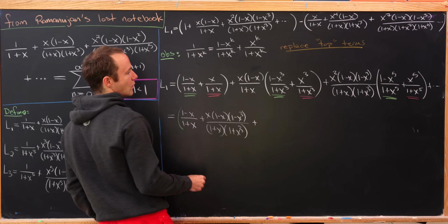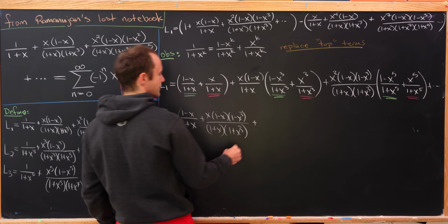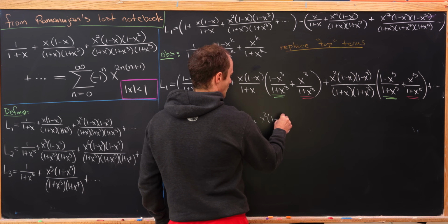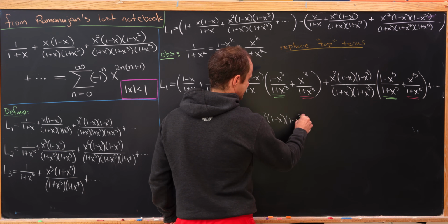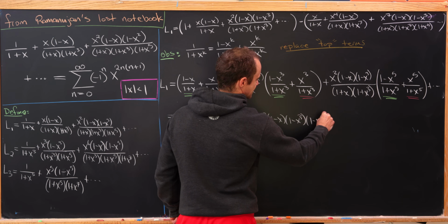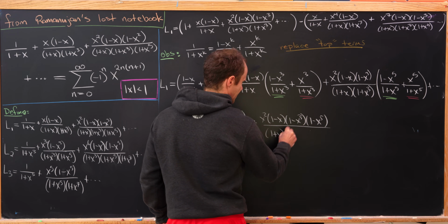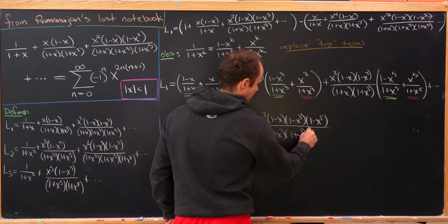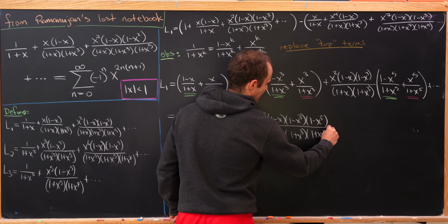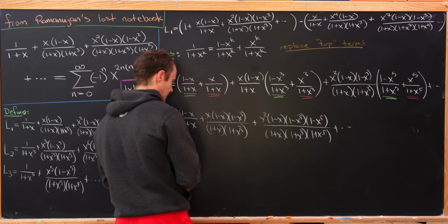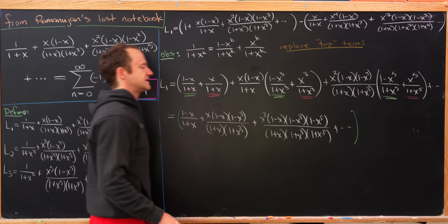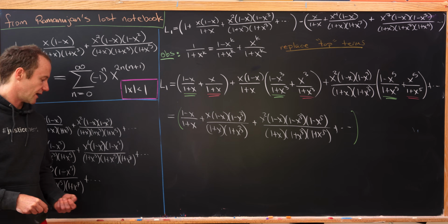And then for one more, we have, let's see, x squared, 1 minus x cubed, 1 minus x to the fifth, all over this product 1 plus x cubed, 1 plus x to the fifth. And then that keeps going on and on and on. So that's our green parentheses coming from the green underline.